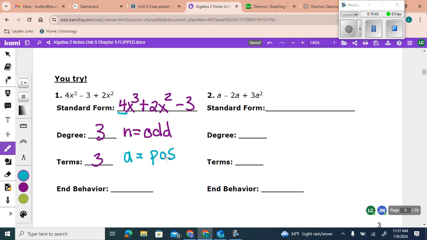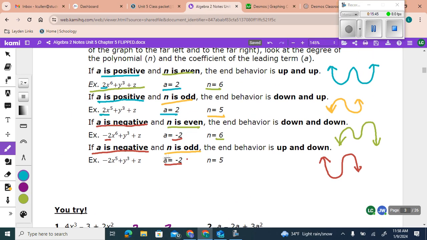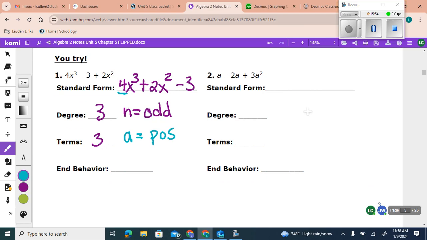So I'm going to come back up to my notes and say, okay, a is positive and n is odd. That means my end behavior is going to be down and up. Positive and odd is down and up.